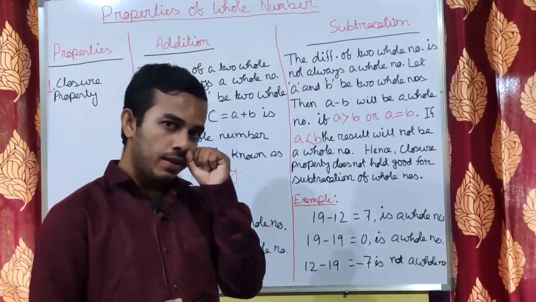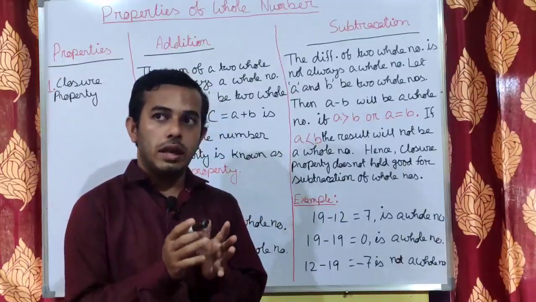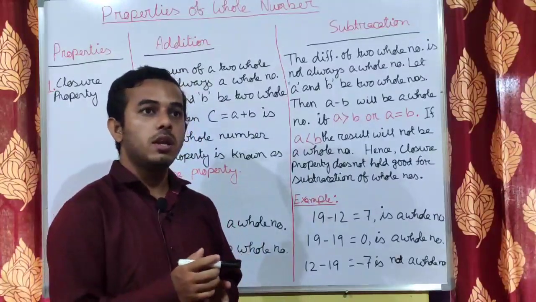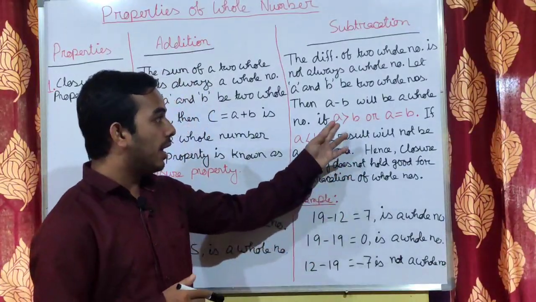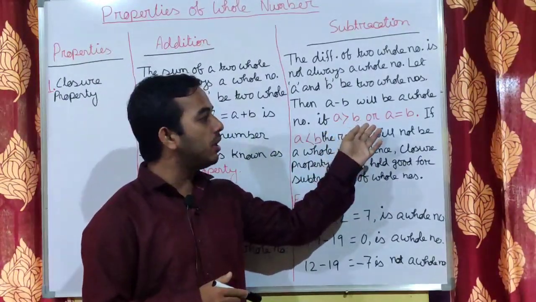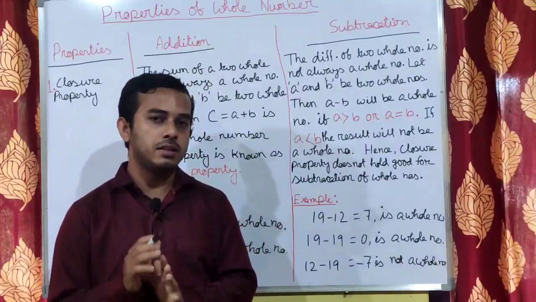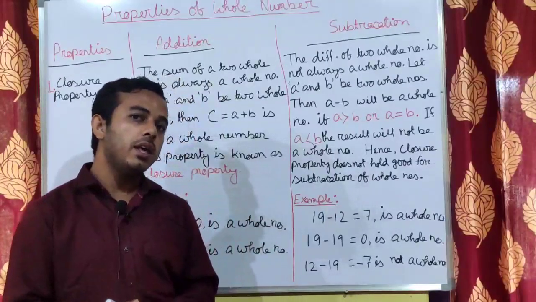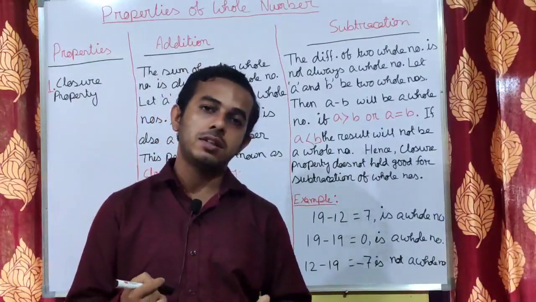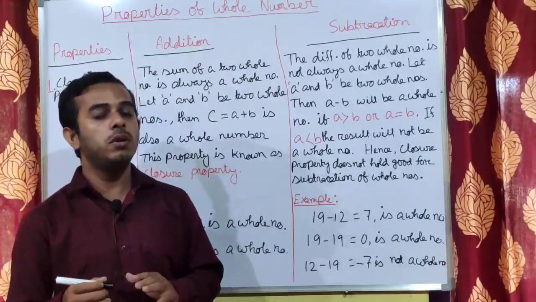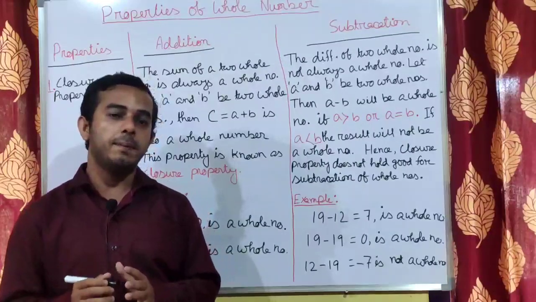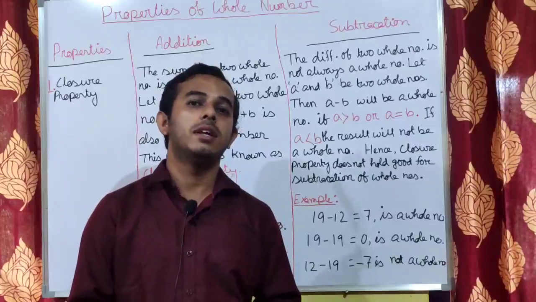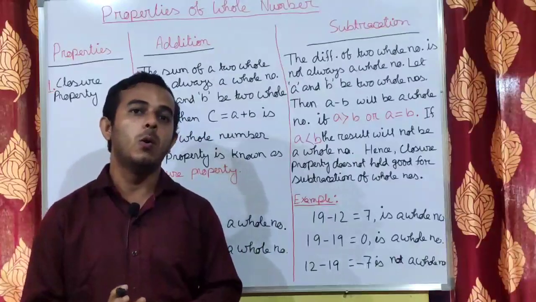In subtraction, there are three cases, right? When we subtract a smaller whole number from a larger whole number, that is when a is greater than b, the result will be a whole number. When a equals b, in this case also the result will be a whole number, right? But the main thing is what? When a is less than b, the result will not be a whole number.